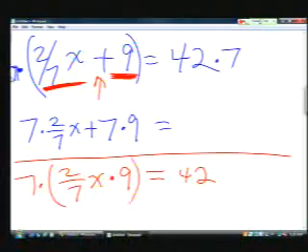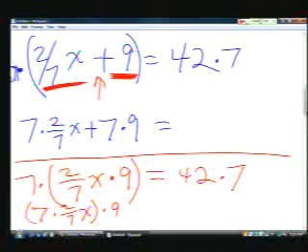That's why I'm doing this one in red. On the left-hand side of this red equation here, you don't do a distributive property. We do what's called an associative property. An associative property is because all of these are terms. 7 is a term, 2/7 x is a term, 9 is a term.